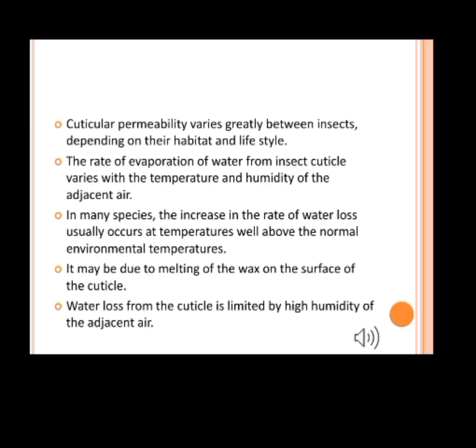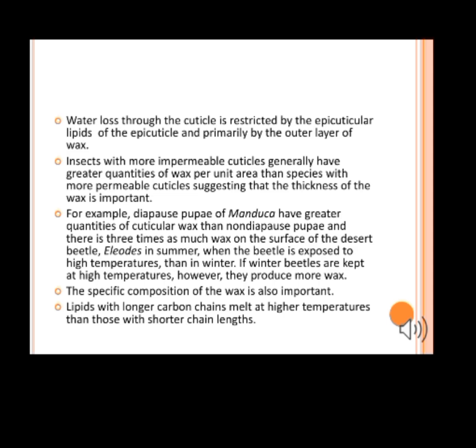In many species, the rate of water loss increases at temperatures well above the normal environmental temperatures. It may also be due to the melting of the wax on the surface of the cuticle. Water loss is limited by the high humidity of the adjacent air.